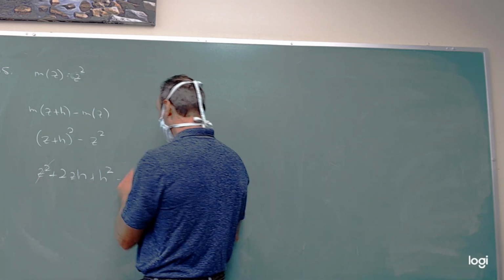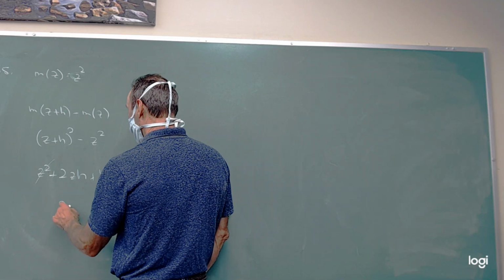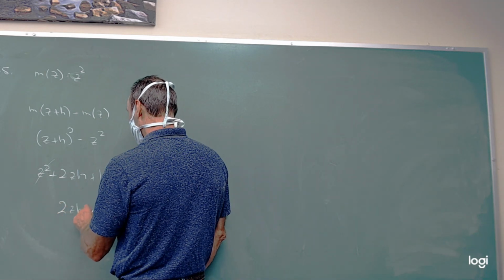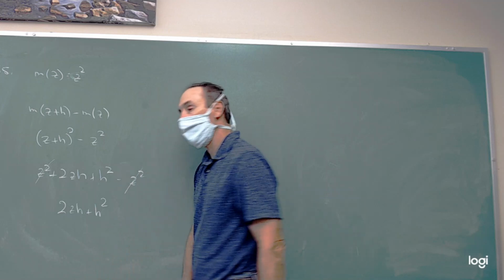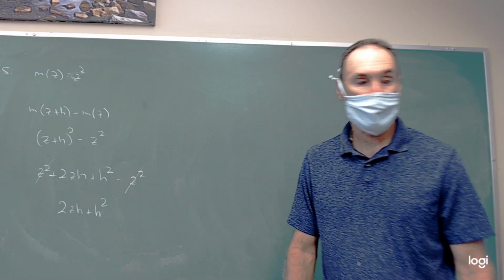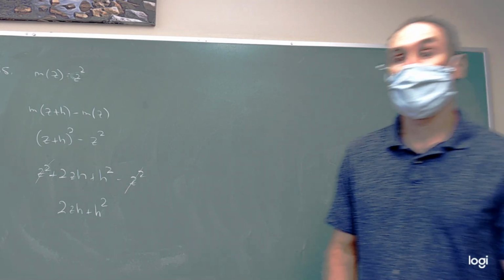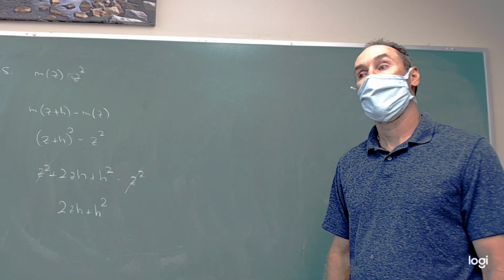That z squared cancels with that minus z squared. Now we don't have the whole over h thing, which we will shortly, so we're not going to be able to cancel it, but that's going to be the end of that for number 15. Okay. What else?